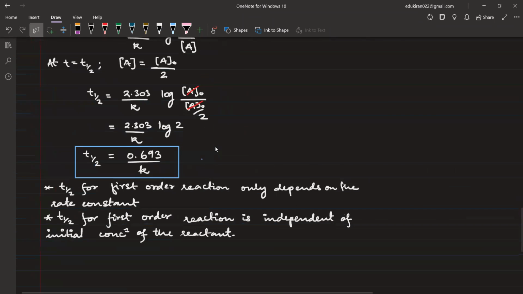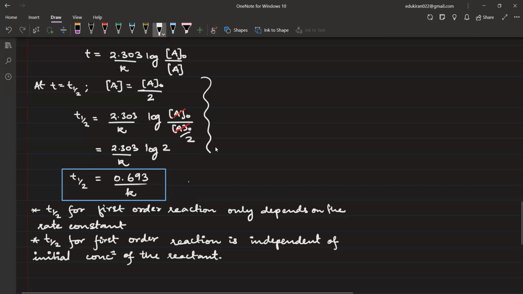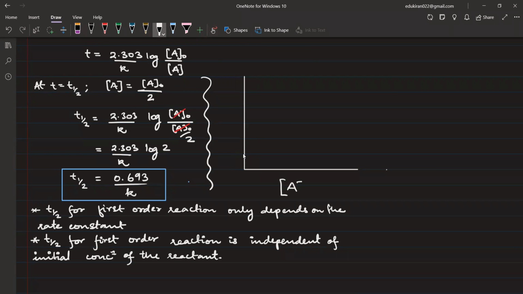So if I will plot a graph between the initial concentration and the T half. So for example, I have the initial concentration here. And here I have the T half. Okay.